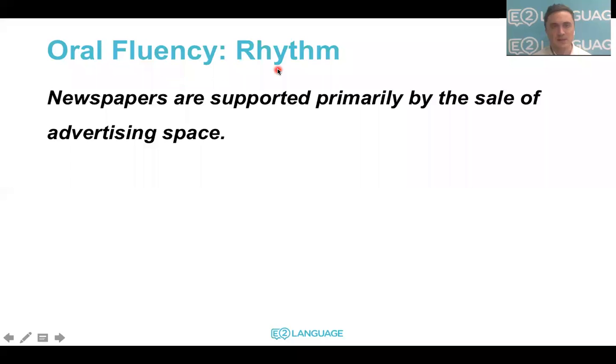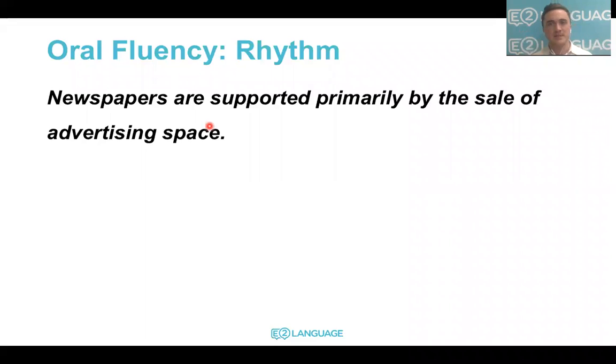Oral fluency with rhythm. "Newspapers are supported primarily by the sale of advertising space." You don't want to sound like a robot. Critically, when you listen to the sentence, you should try to copy the rhythm of the speaker.